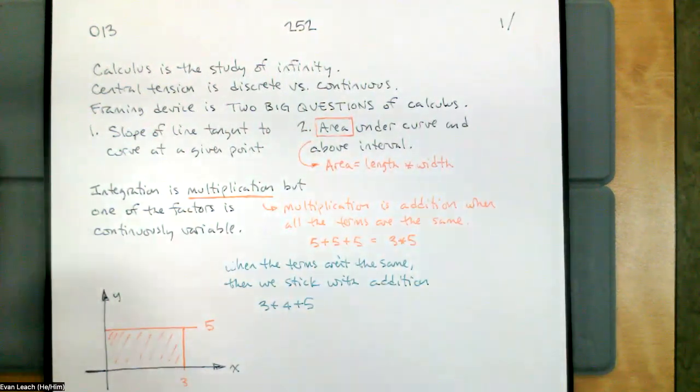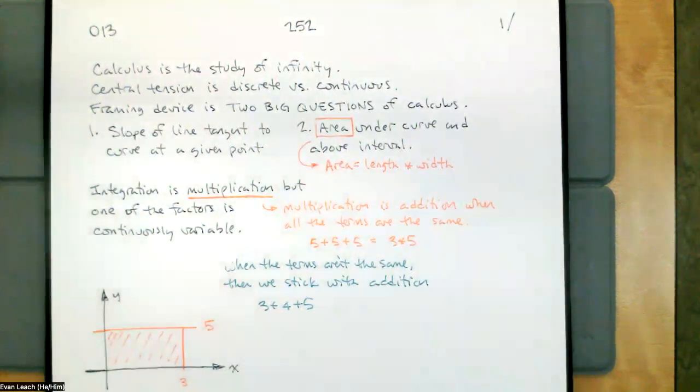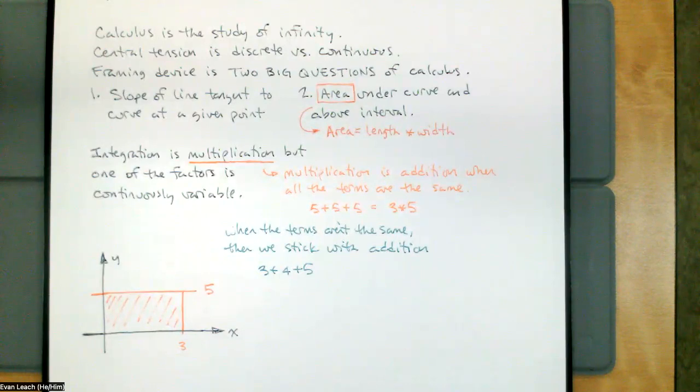In this picture, we want to find the area. And this area we find just by multiplying 3 by 5. Our height, our length is always 5. We just get to multiply that by the width.